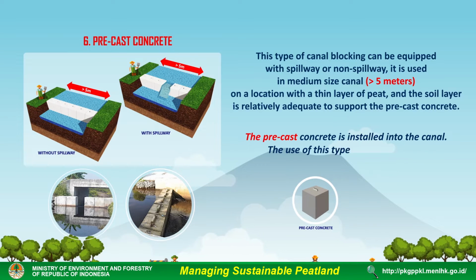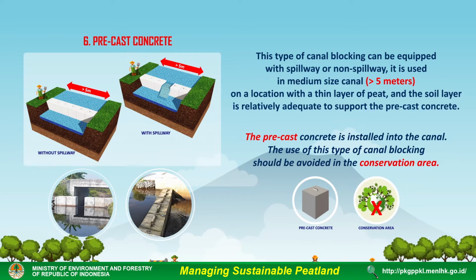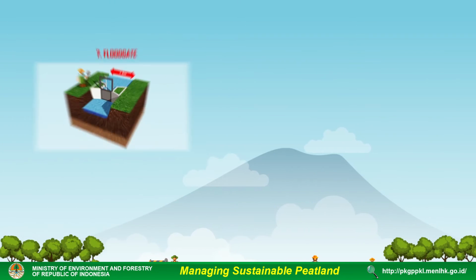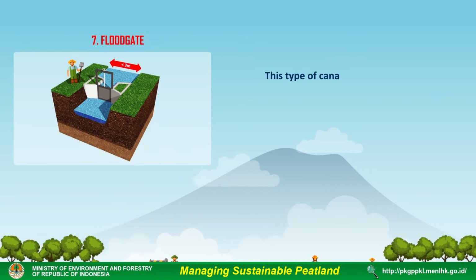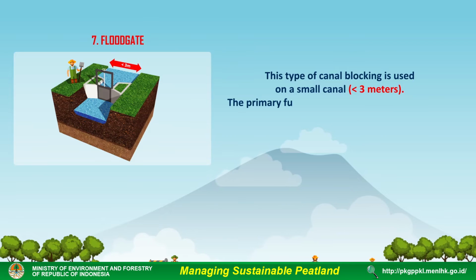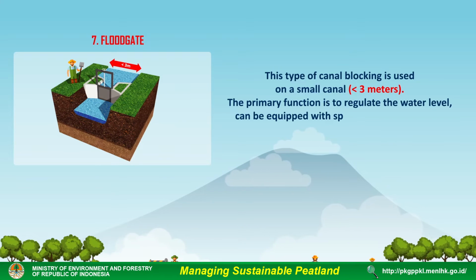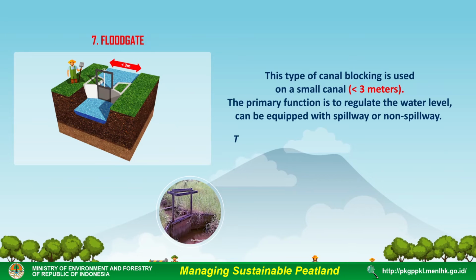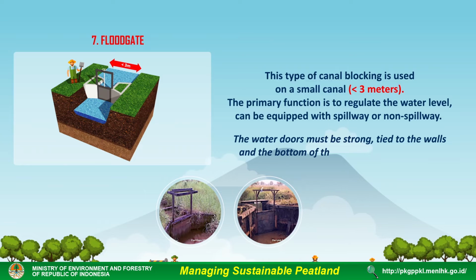The use of this type of canal blocking should be avoided in the conservation area. Floodgates. This type of canal blocking is used on a small canal, less than 3 meters. The primary function is to regulate the water level, and it can be equipped with spillway or non-spillway. The floodgates must be strong, tied to the walls and the bottom of the canal to avoid leaking.